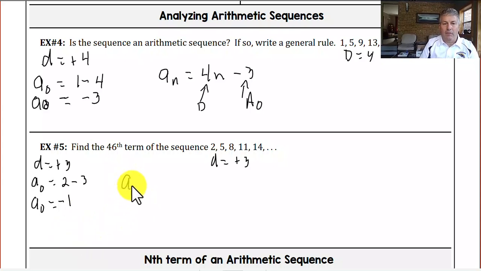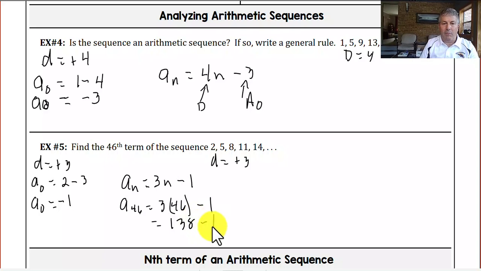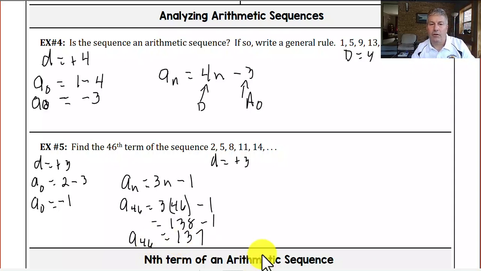Our sequence is a sub n equals 3n minus 1. And we want to find the 46th term. So a sub 46 equals 3 times 46 minus 1. And 3 times 46 is 138, minus 1 equals 137. So the 46th term is 137.